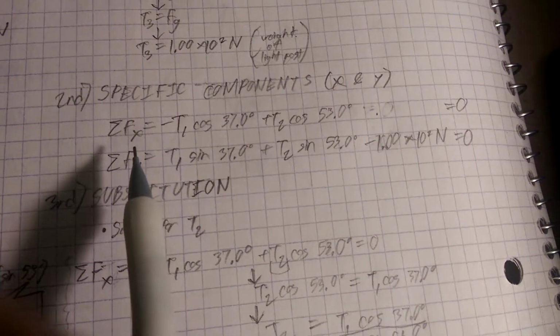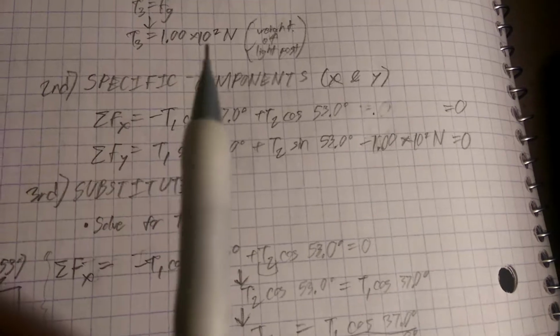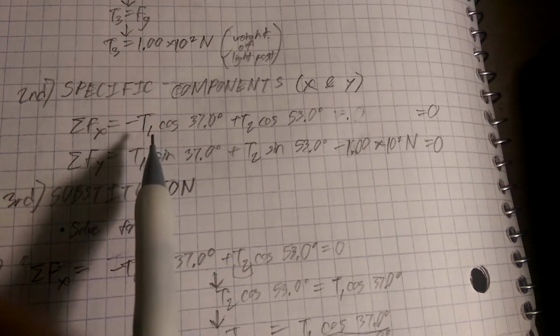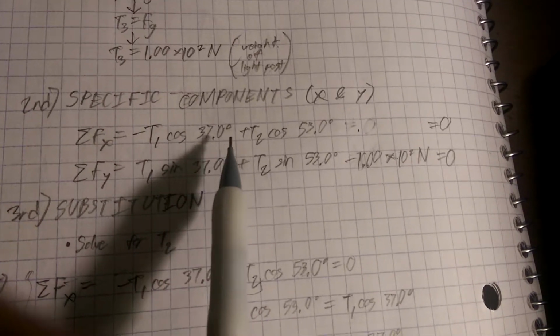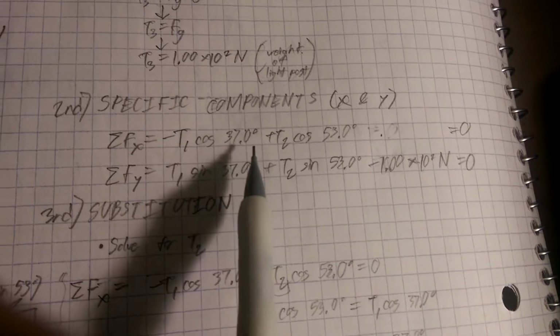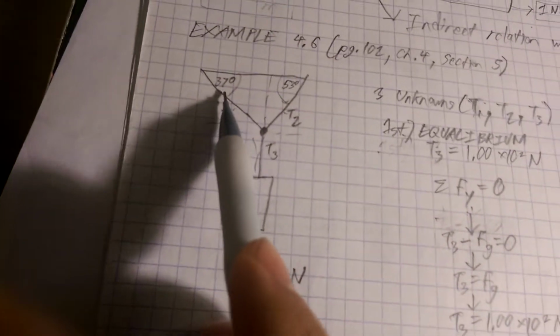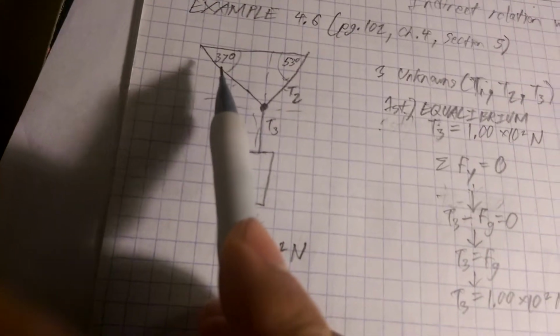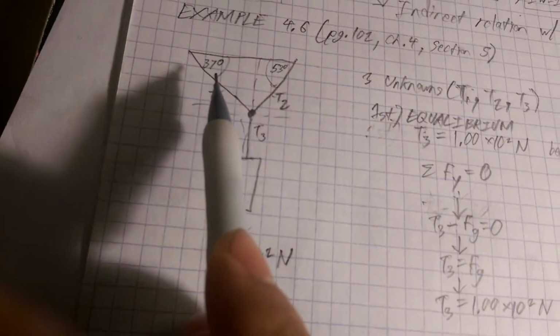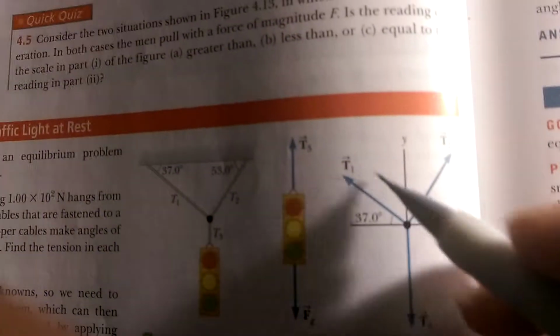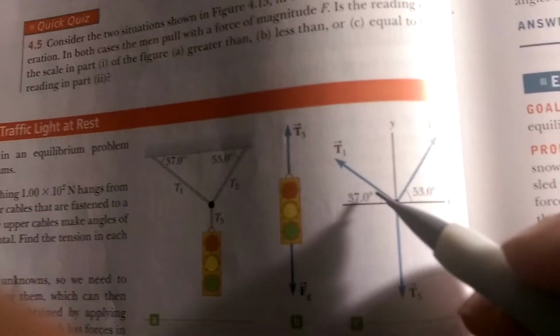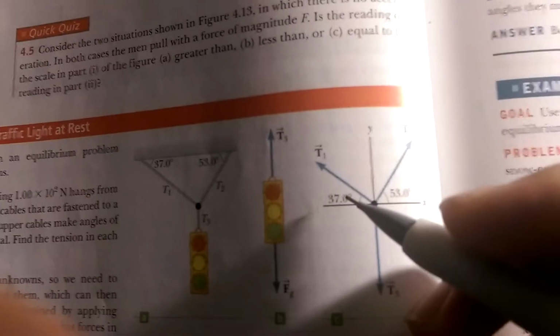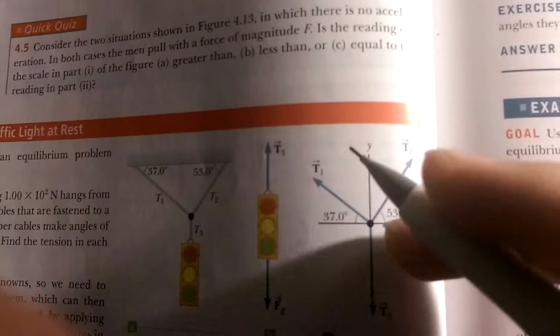So for the sum of the forces of the x, that's what we've got to focus on. It's going to be negative T1 times cosine of 37 degrees. Now the cosine of 37 degrees comes from the fact that the angle here is 37 degrees. In the book, here it switches over the angles, because that's the rule of geometry: with 2 parallel lines, you can just switch it over.